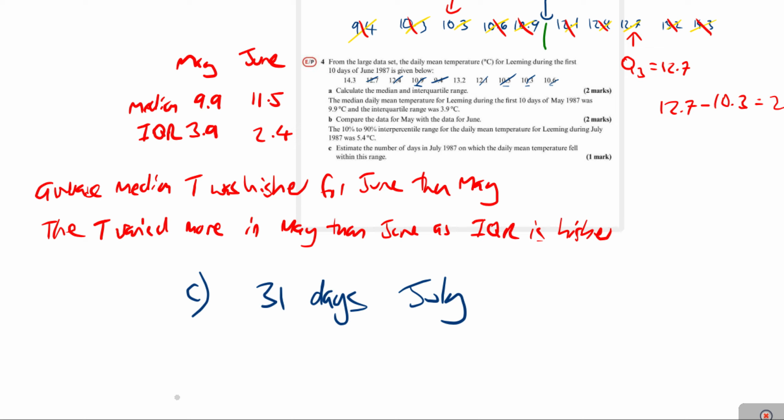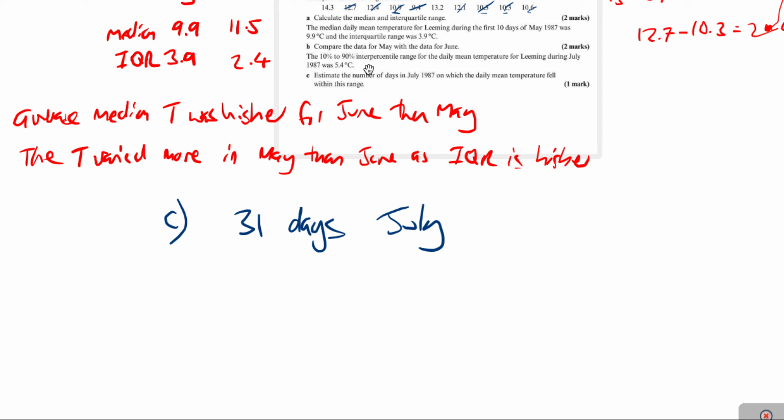So if there's 31 days in July, we want to find 10% and 90% of that. 10% of 31, so 31 times 0.1, is equal to 3.1.